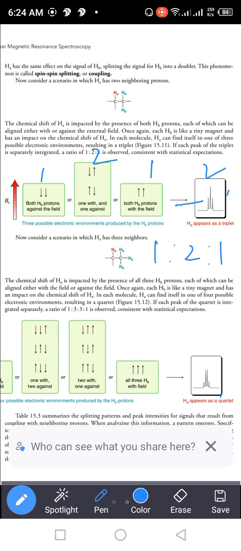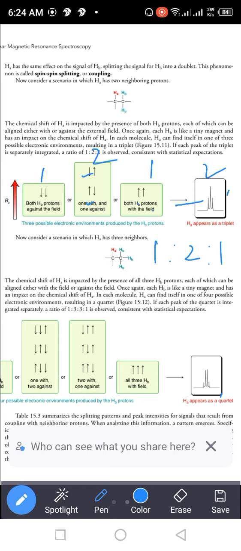In one, we write the one pattern where the protons are with the external magnetic field, and this one pattern is against the external magnetic field. And what is the two? There are two different patterns of proton with respect to the external magnetic field. And what is this?